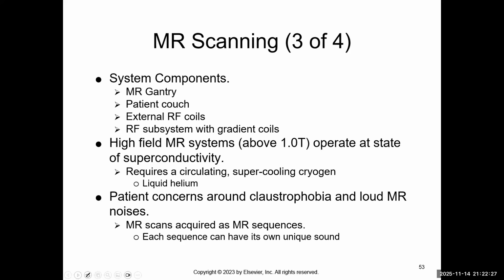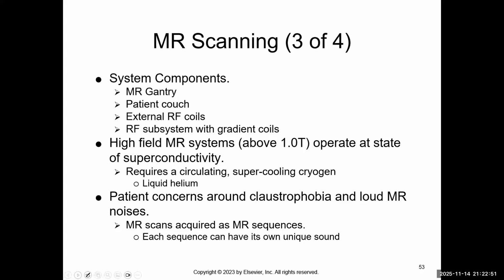The coils can be internal or external. It also has gradient coils that shape the magnetic field to help form the image. And then, just like all of our systems, it has a computer system that is going to control the scan or control the sequences and actually help reconstruct the patient's images.